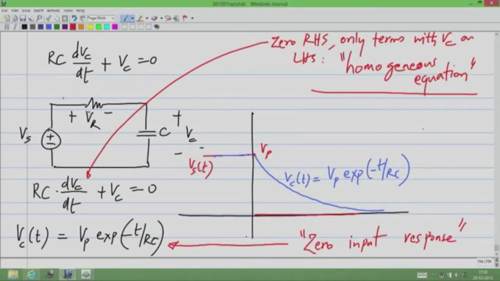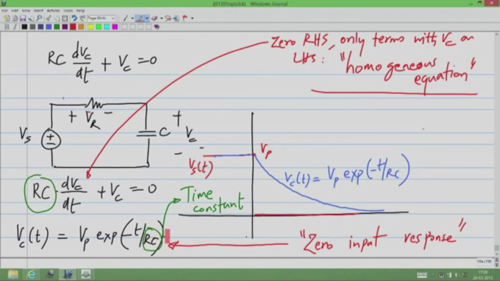And this term, which appears inside the exponential, Rc, this is known as the time constant. It also appears here as coefficient of dVc by dt, but we have to be careful. The coefficient of Vc has to be 1. In that case, the coefficient of dVc by dt will be the time constant.